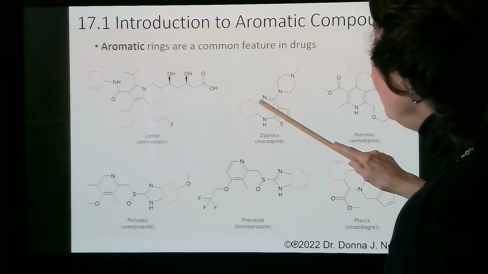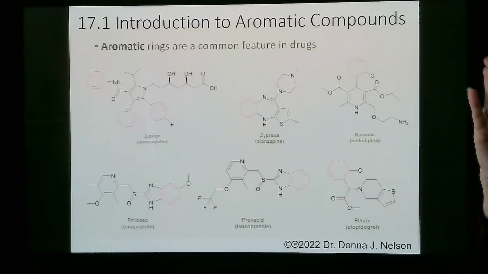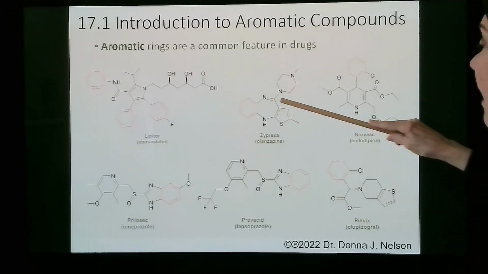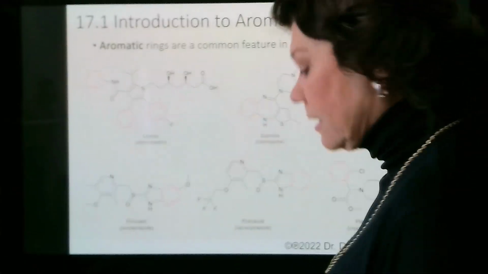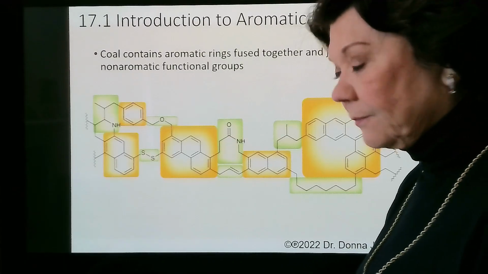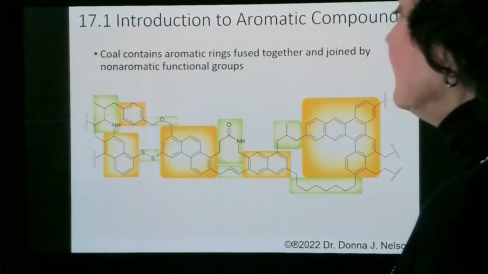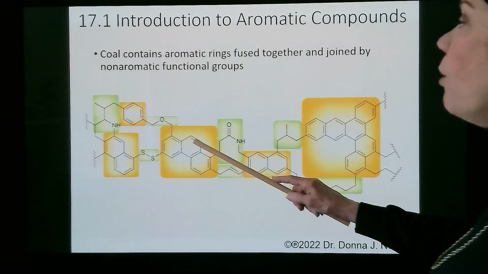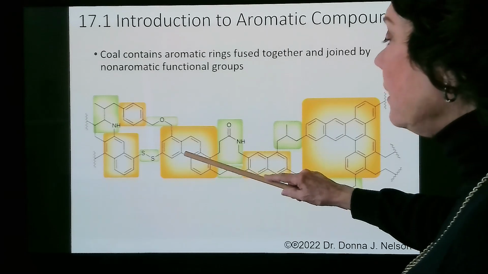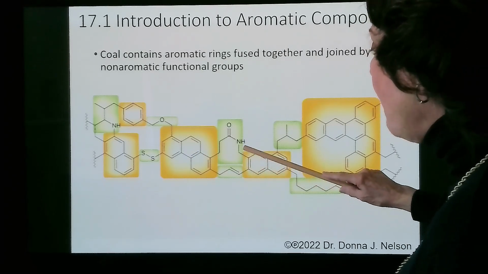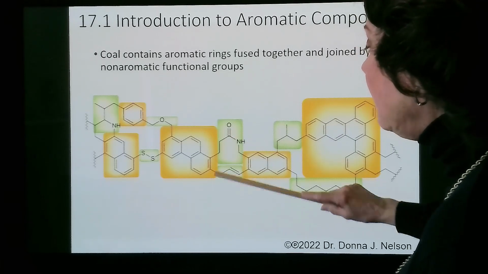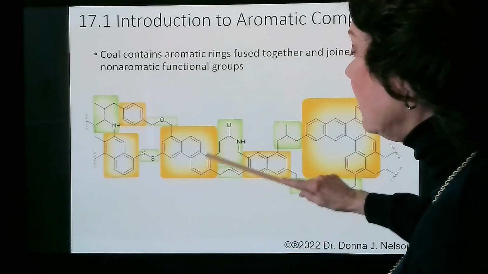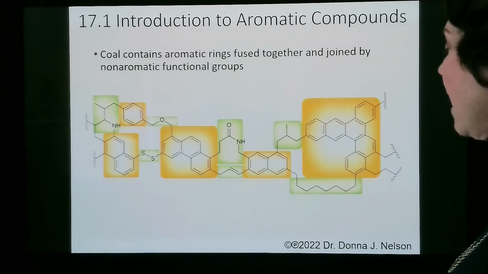And we will look at each of these so that you will be able to see how these rings are indeed aromatic. Coal contains aromatic rings fused together and joined by non-aromatic functional groups. So the parts in green are non-aromatic, the parts in yellow are aromatic.